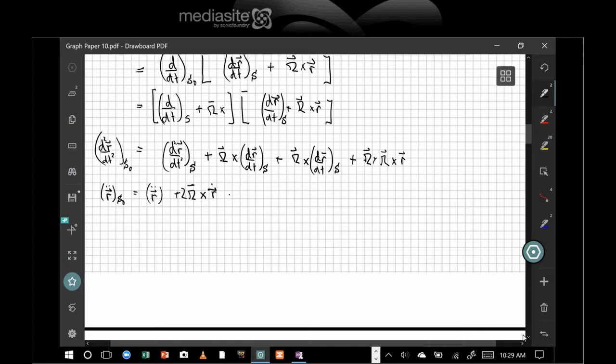And so now let's just stick that into. So let's tidy up the notation a little bit. Okay, just a little bit. So if I tidy up the notation, I can say that R double dot in the S naught frame is equal to R double dot in the S frame plus omega. Now we got two of those, so it's 2 omega cross R dot.